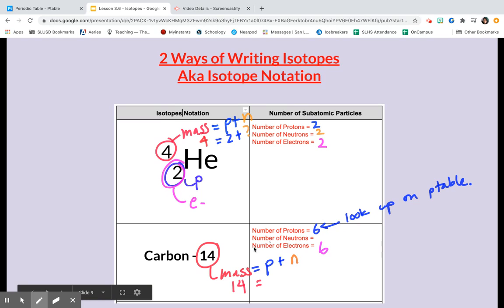We got 6 protons from our periodic table. 6 plus how many neutrons? Well, what plus 6 equals 14? Or I can think of this as 14 minus 6 will be what? Well, 14 minus 6 is going to be 8, right? If I plug this in, 8 plus 6 equals 14. Oh my gosh, I'm going to have 8 neutrons.